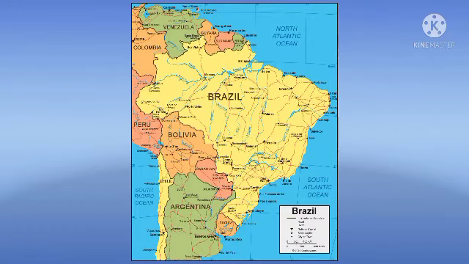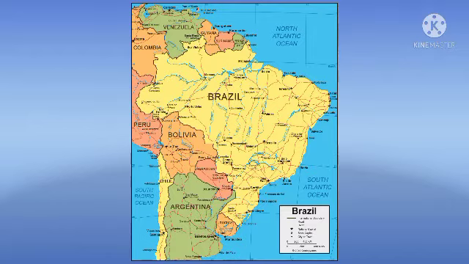So the longitudinal extent will have west in both cases. Brazil's extent is from 5 degree 15 minute north to 33 degree 45 minute south latitudes and between 34 degree 45 minute west to 73 degree 48 minute west longitudes. This is the mainland extent location of Brazil.